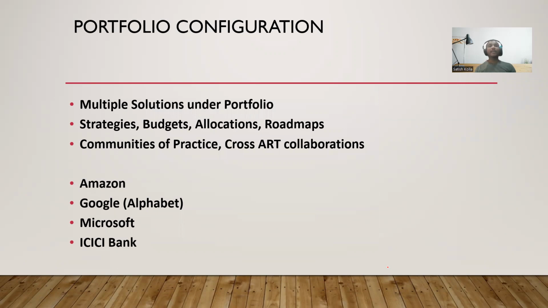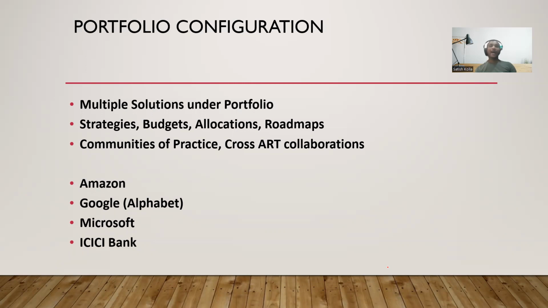And this is where we start focusing on the communities of practice and the coordination, the cross-regional collaboration and the coordination to share the best practices, standards, and approaches across the organization. Examples of a portfolio configuration, some of the companies could be Amazon, Google or Alphabet, and Microsoft or ICICI Bank from the Indian context as well, right? Where these organizations have multiple products or multiple solutions within the organization from the implementation perspective, right?